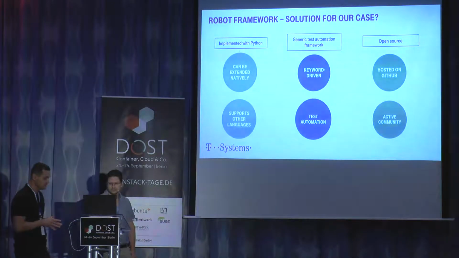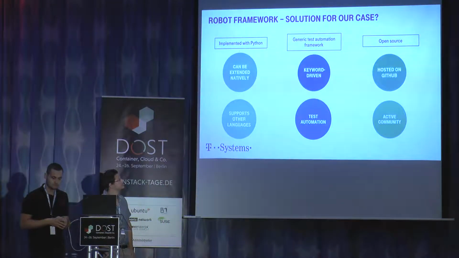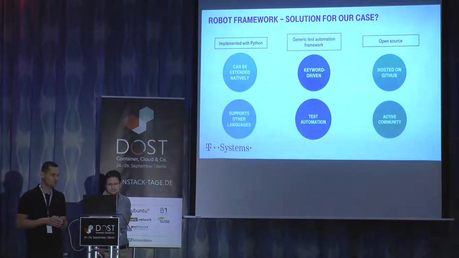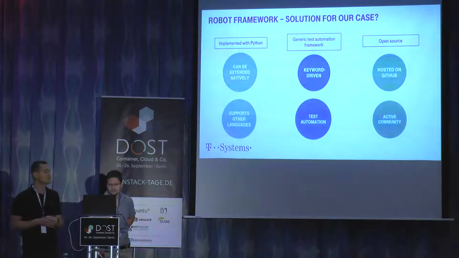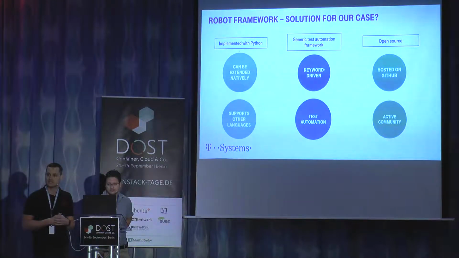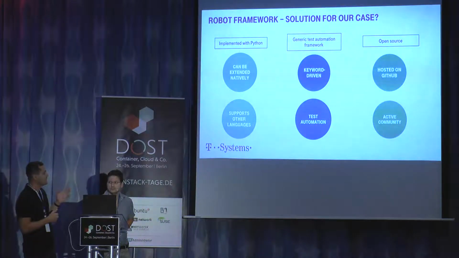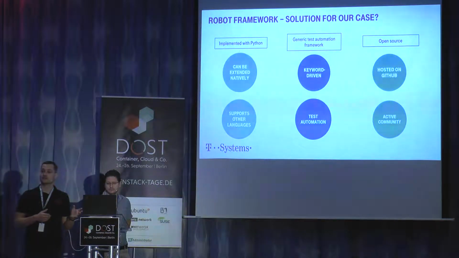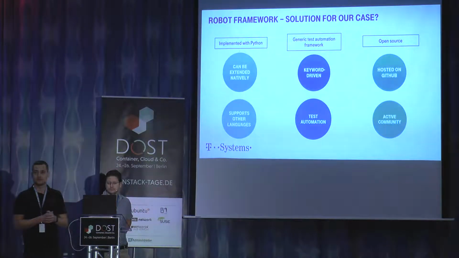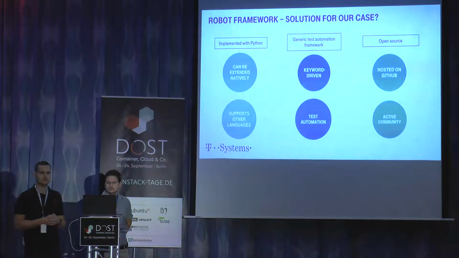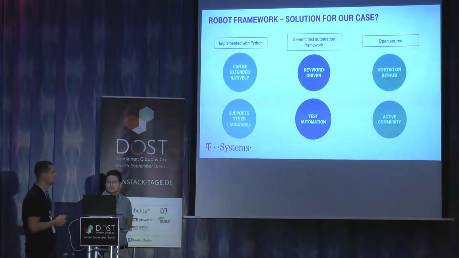It can be easily extended. That's also one of the main points which we consider as really important. Either natively in Python, as Robot Framework is written in Python, or by other languages. Which is really cool, it has a good community, which is always good. And currently it runs on the Apache 2.0 open source license.